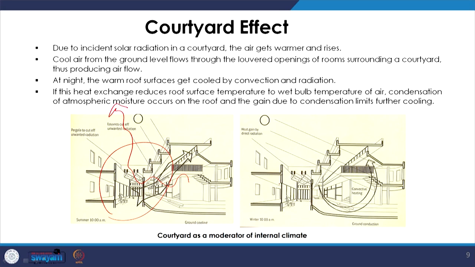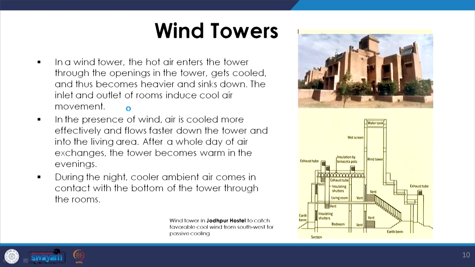So, the heated air from the indoors is ventilated through the courtyard during the night, and that is the time when the temperatures outdoors fall. So, it allows the structure to bring in air from the outdoors during night and release it through the courtyard during the night. That is the fundamental functioning of a courtyard.